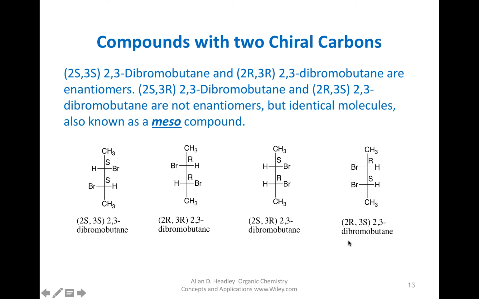Okay, let us look at this. Same type of analysis, but here we have a chiral carbon that has bromine and another chiral carbon here that has bromine. Still 4 different groups, because this chiral carbon here has a bromine, a methyl, a hydrogen, and all of this group.